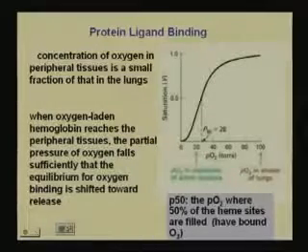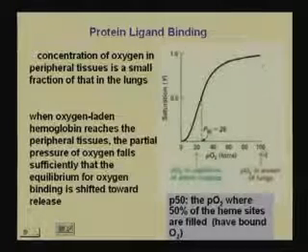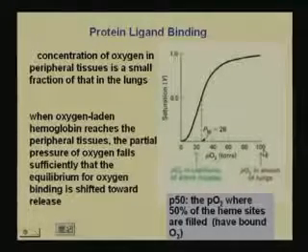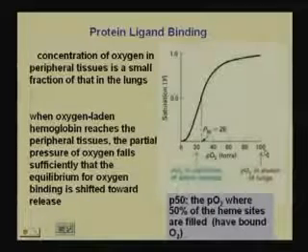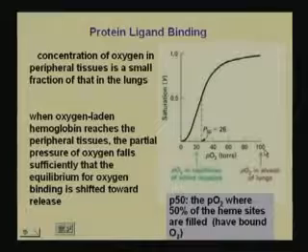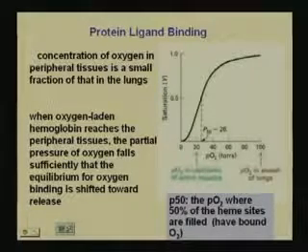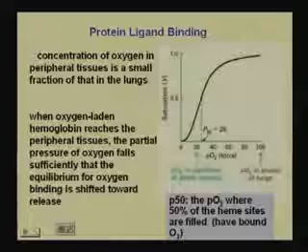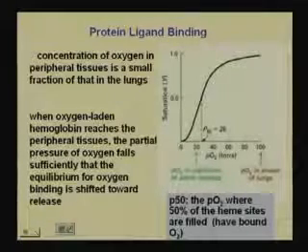When the partial pressure of oxygen is high in the lungs, hemoglobin will take up the oxygen. Since it is circulating in the blood, when it comes to a point near the tissues, the partial pressure of oxygen is low. So what is happening to it? It is releasing it.